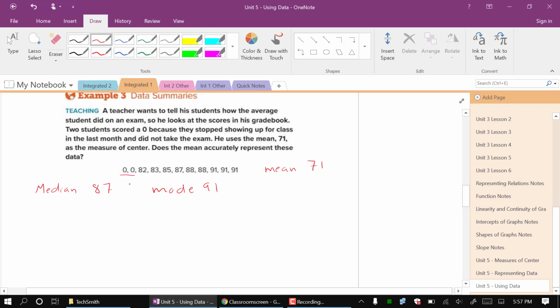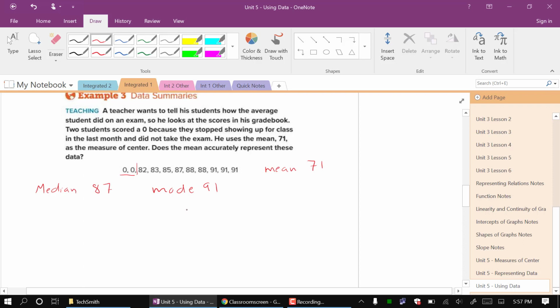These 2 zeros are bringing down our average. However, if you showed up for this test, you scored an 82 or higher. So you did really well on this test. You got a B on this test. So the mean does not do a good job of representing this data.